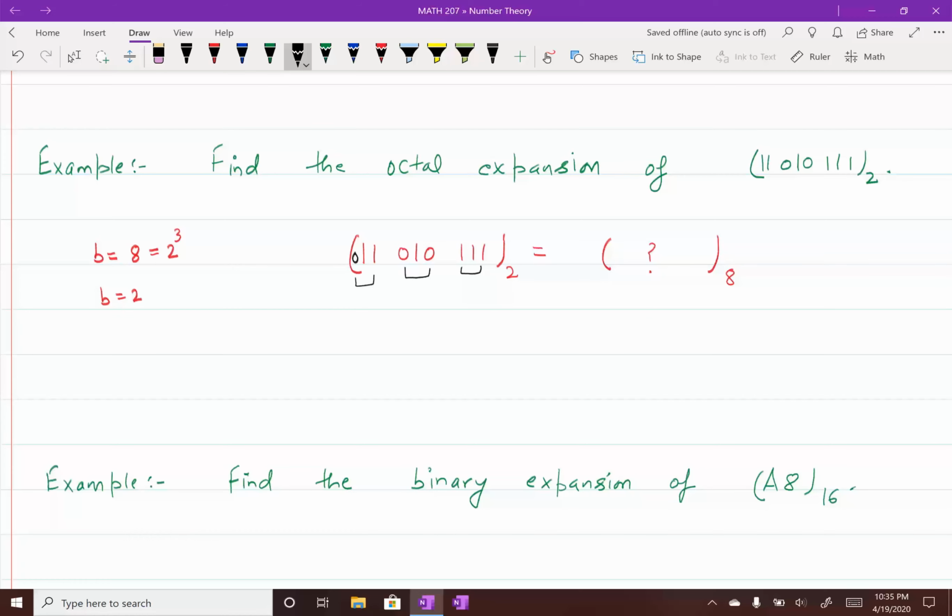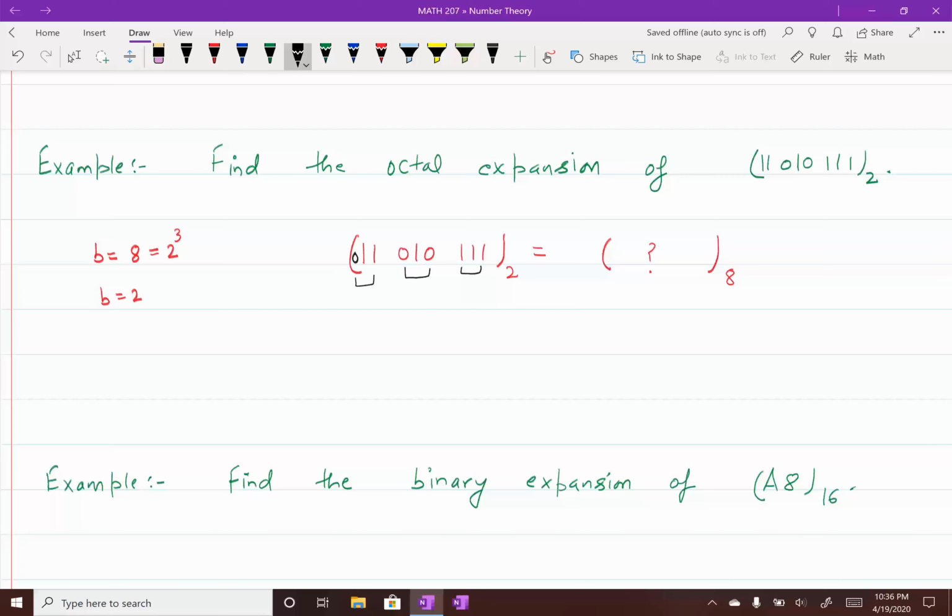So I put a 0 here and make a group of these 3 digits. Remember, if you have enough digits to make a group of 3, you take that. If you don't have enough digits, you put zeros on the left side, not on the right side.